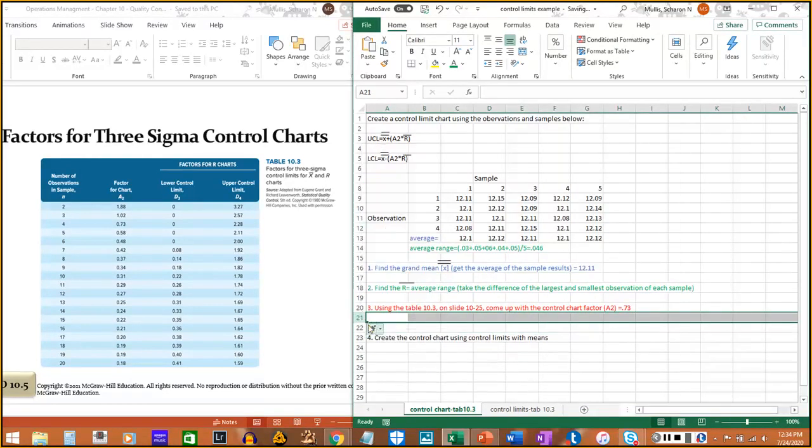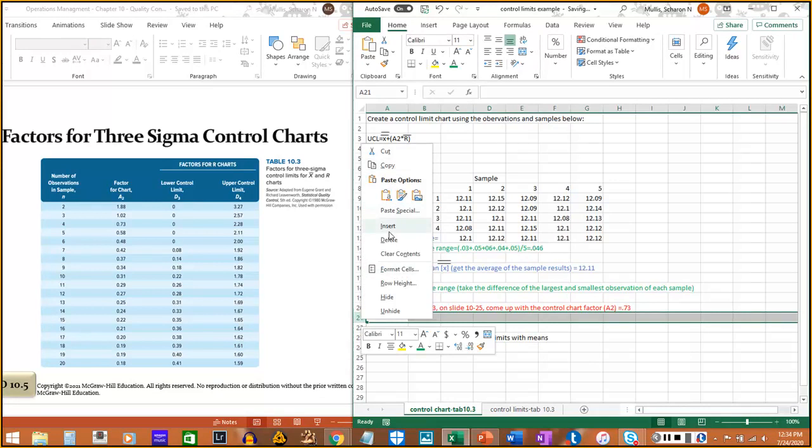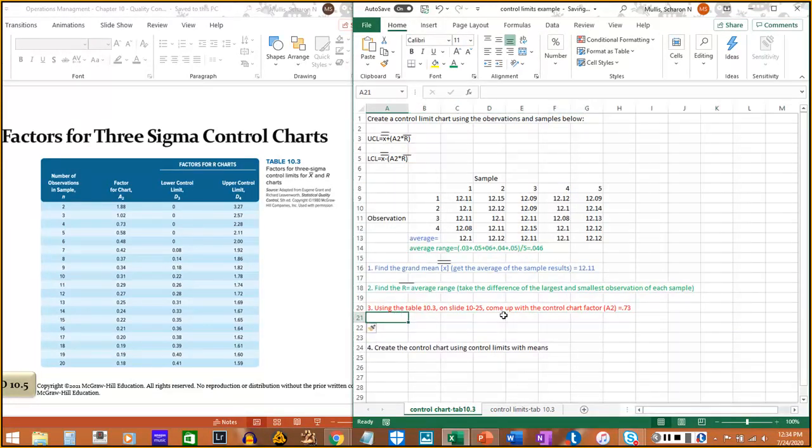So let me insert a couple of fields. Our UCL, or upper control limit, is equal to 12.11, which is our grand average, plus 0.73 times our average range, which is 0.046.